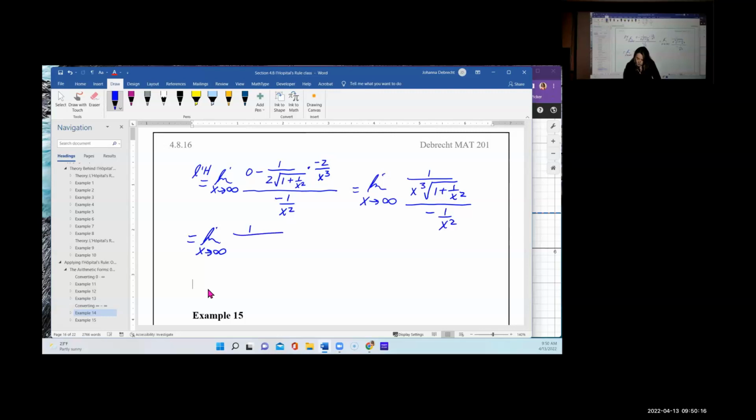So I get 1 over x cubed square root of 1 plus 1 over x squared times negative x squared over 1. Now the x squared and the x cubed will reduce. And I get the limit as x goes to infinity of negative 1 over x square root of 1 plus 1 over x squared.